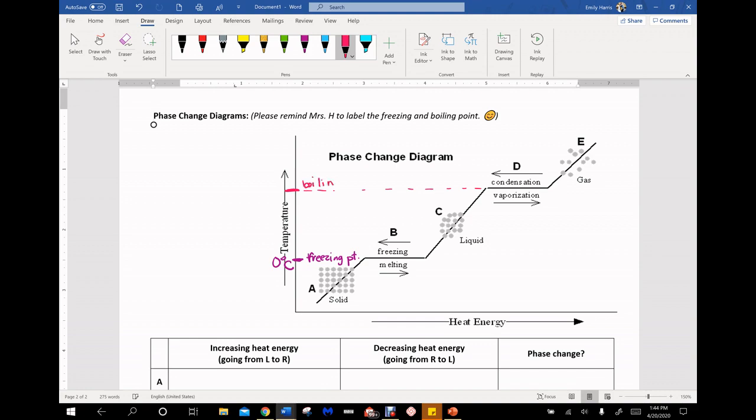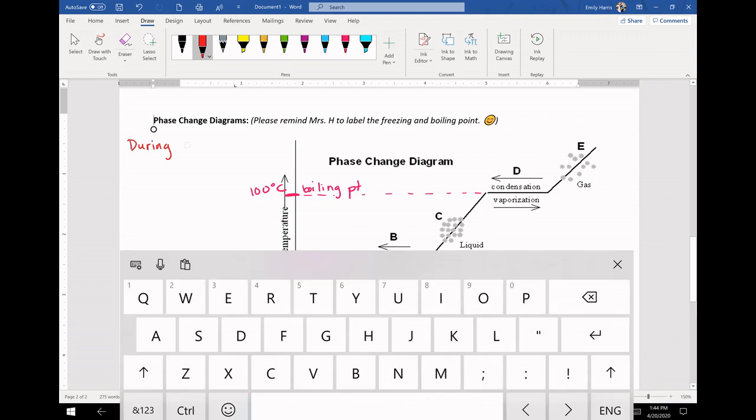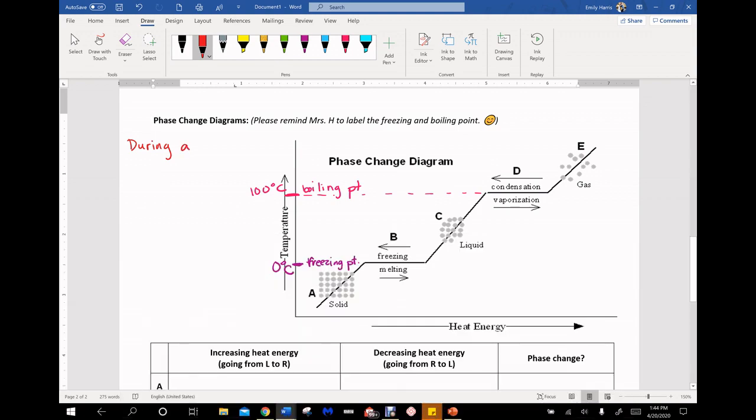Again, for water, that's 100 degrees Celsius. So right quick to the side, let's write ourselves that reminder of the fact that during a phase change, the temperature is constant.